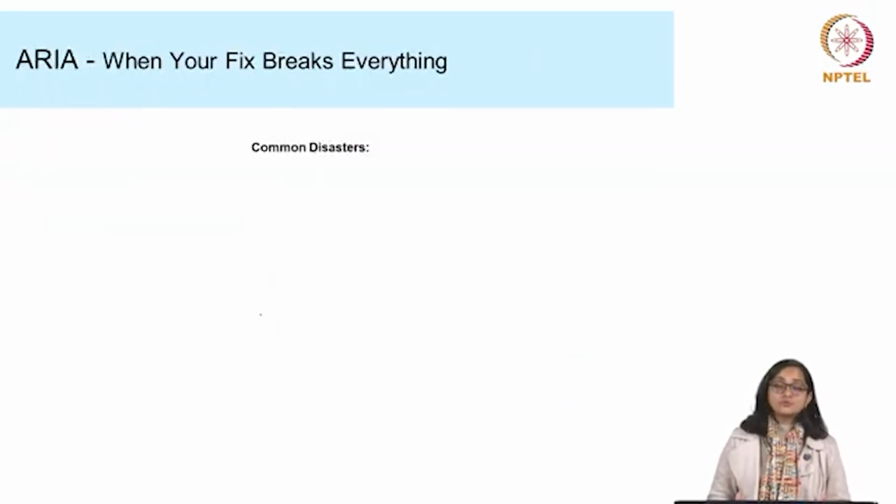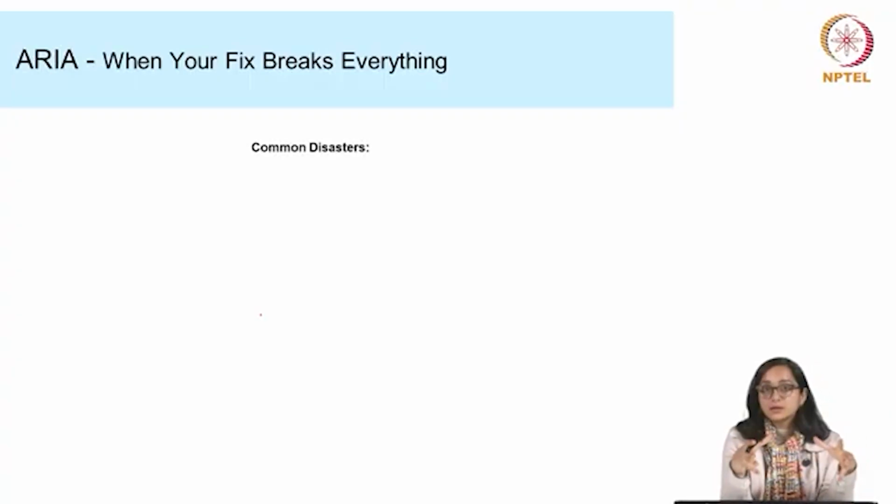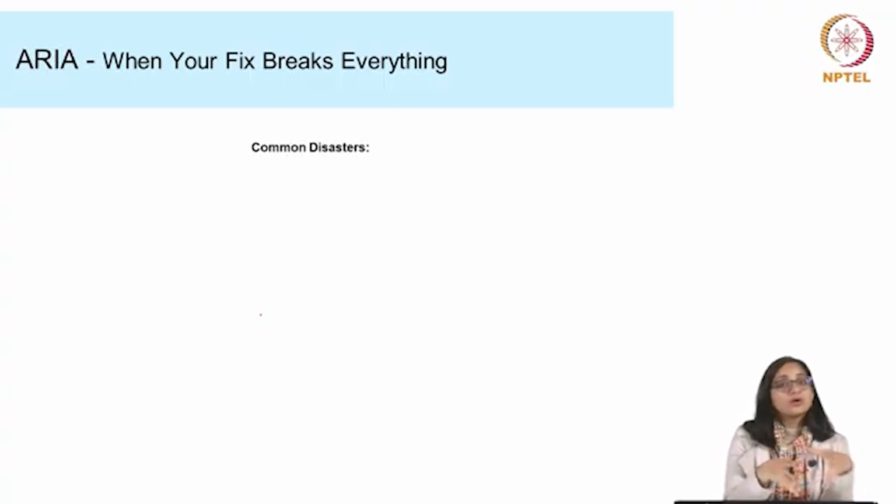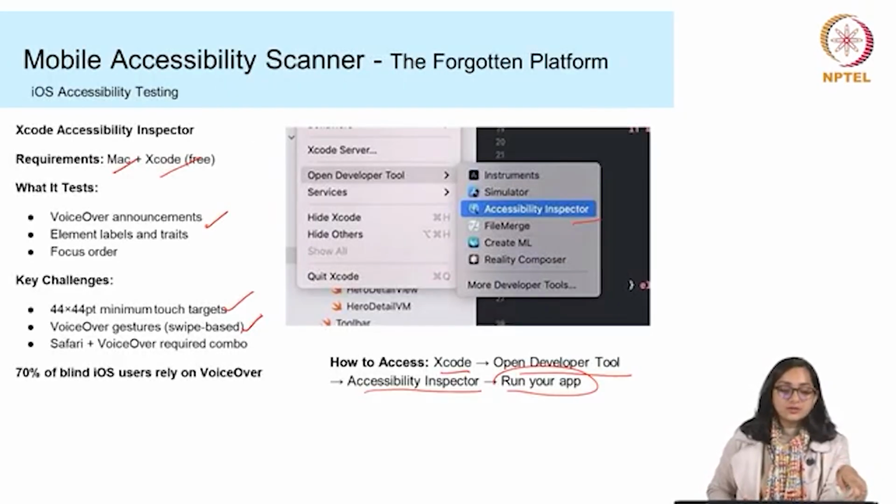I'm sure we are also recording a tutorial where we'll be talking about the mobile scanning apps. So one is the Accessibility Scanner on Android, as well as the Xcode Accessibility Inspector on iOS.